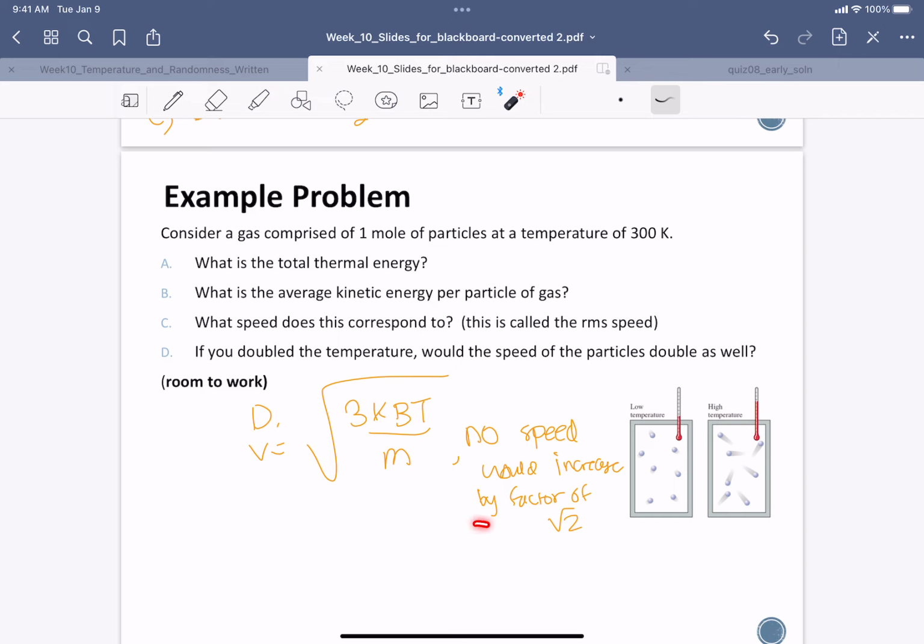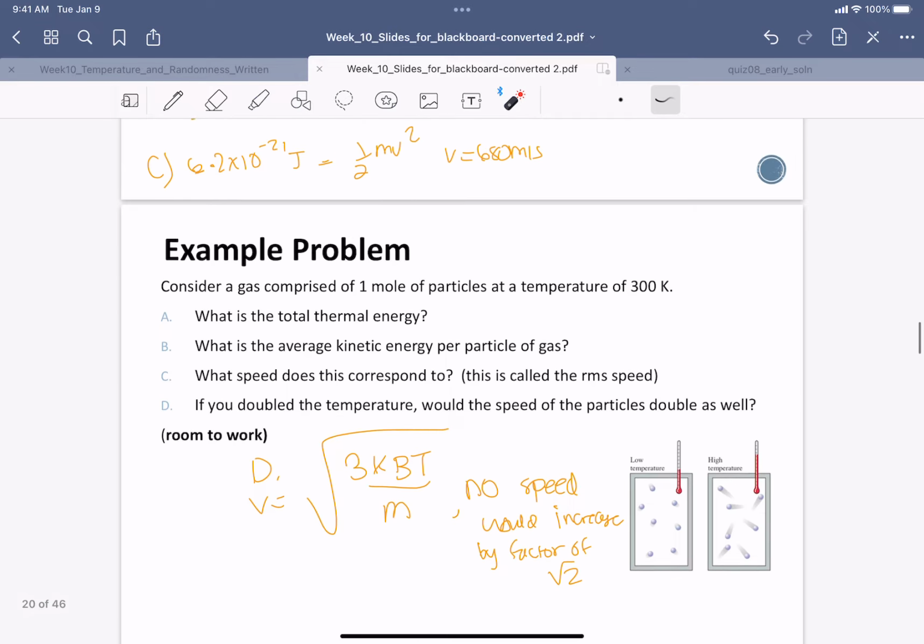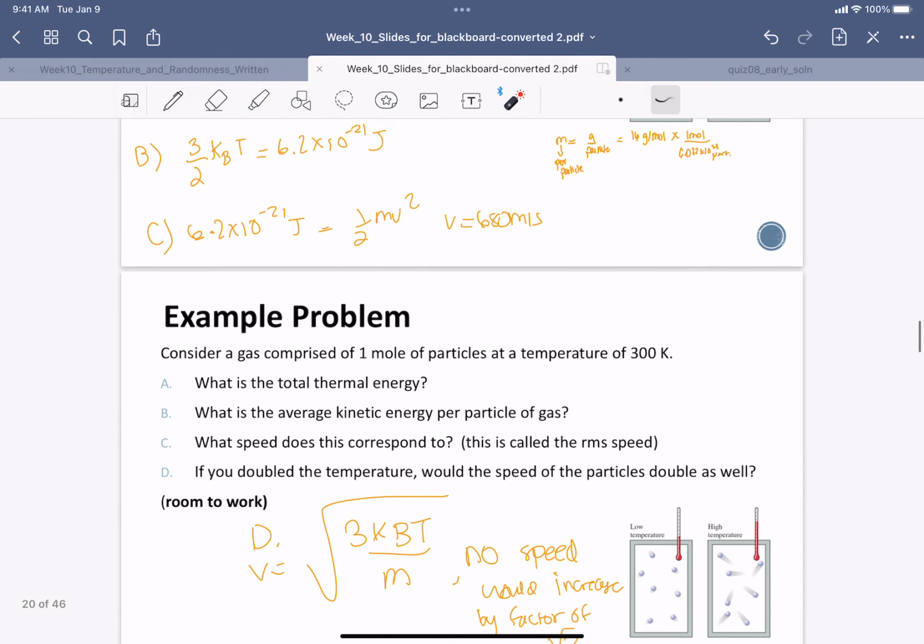I'd be multiplying the speed by a factor of √2, because if the 2 is underneath the radical, you can pull it out and write it as √2. Does that make sense?